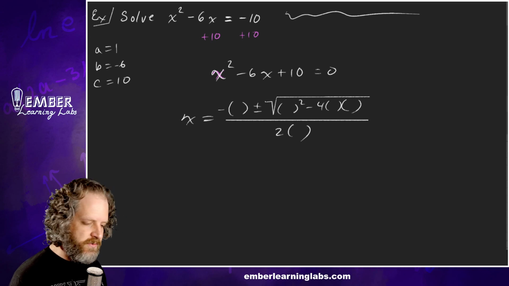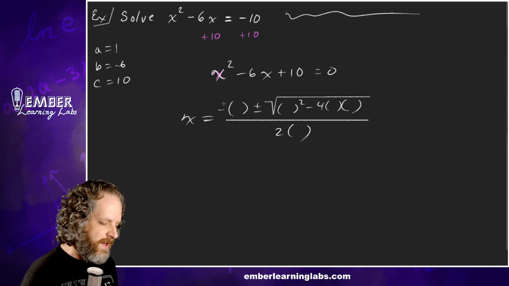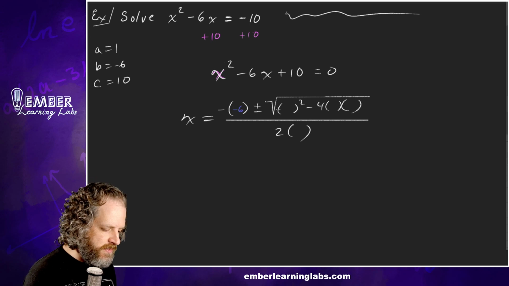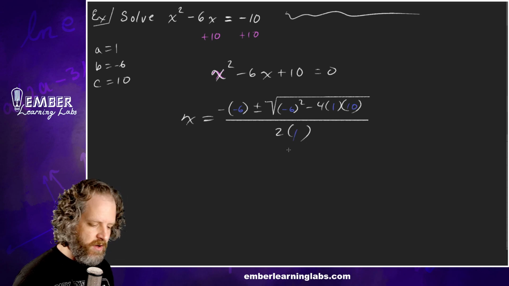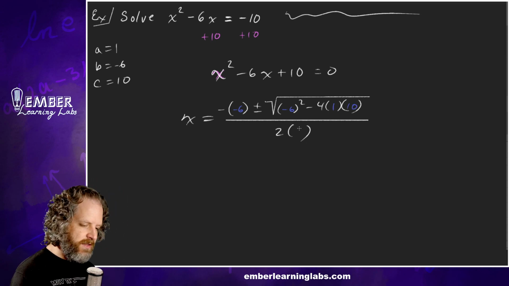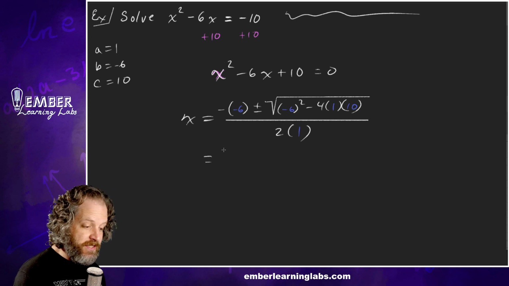I'll say it again. I almost wrote a randomly. All right. So negative 6, 1, 10, 1. That's kind of ugly. Let's fix it. 1. All right. So negative 6 is positive 6.